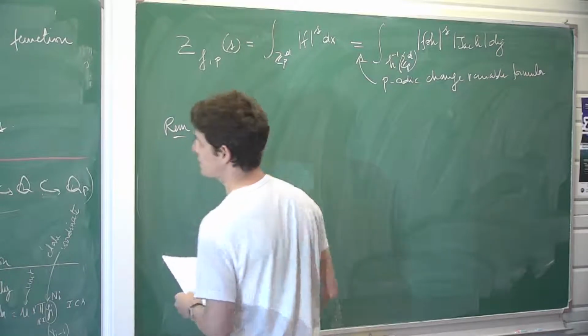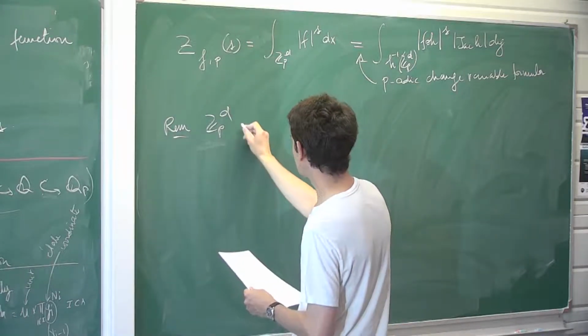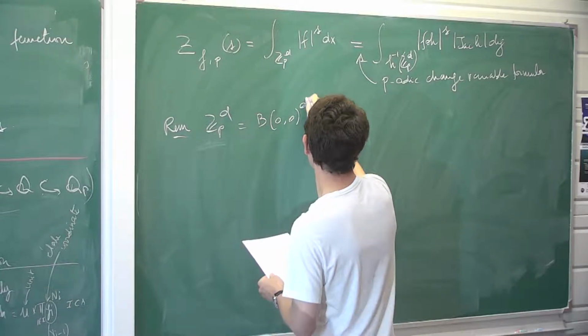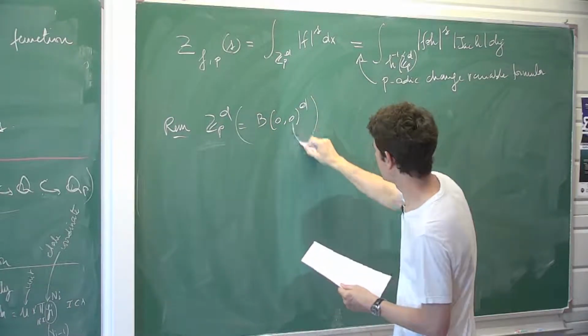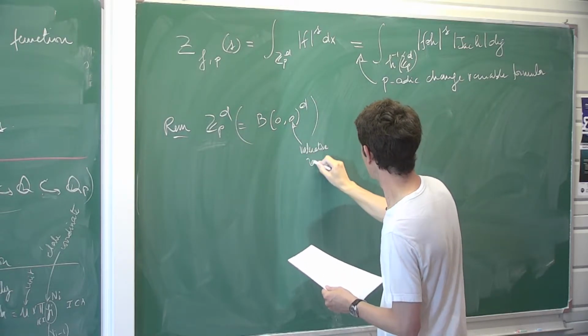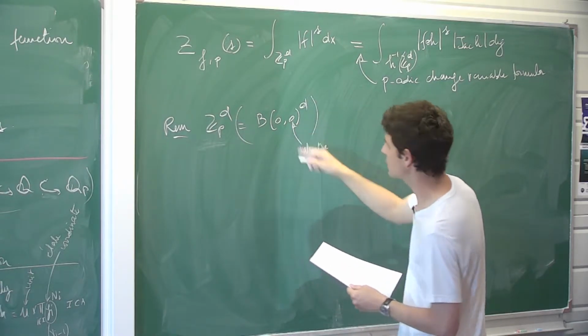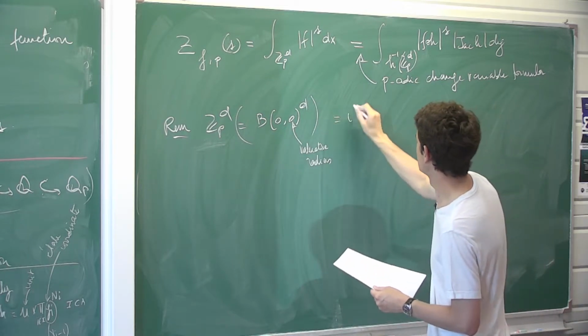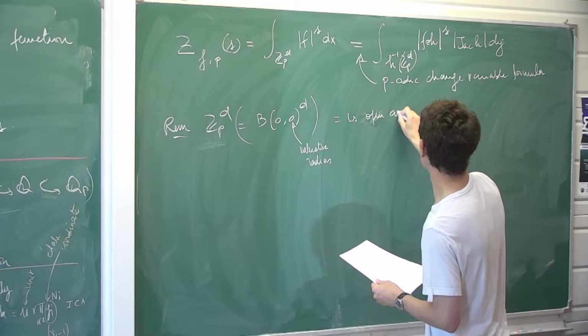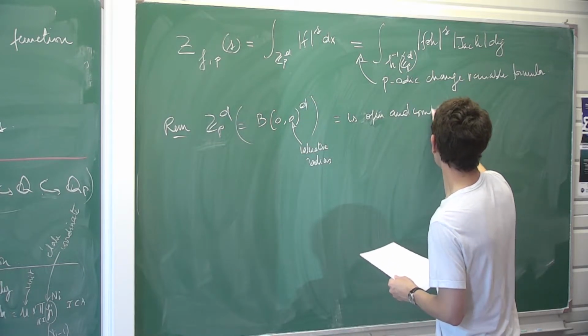As we have seen last week, Z_p^d is a ball with relative radius 0. And as I explained, the balls are compact. It is open and compact.